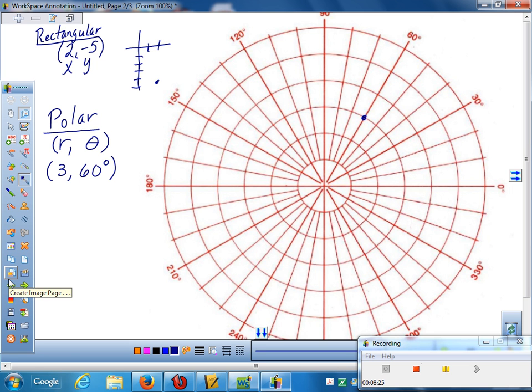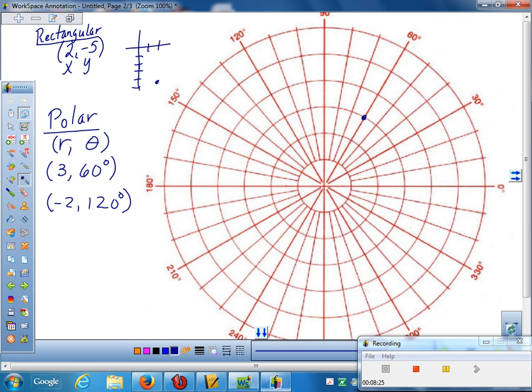Okay, now, what do you do if I was to give you, say, what would be an easy one we can track? Suppose I gave you -2, 120 degrees. How do you do a negative on this? Yeah, you go to the 120 line, but to go -2, you would have to go opposite of 120. Well, what's going to be opposite of 120?